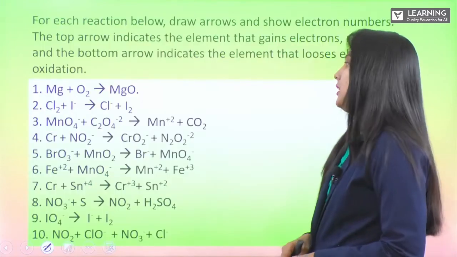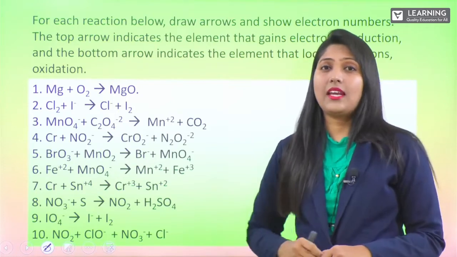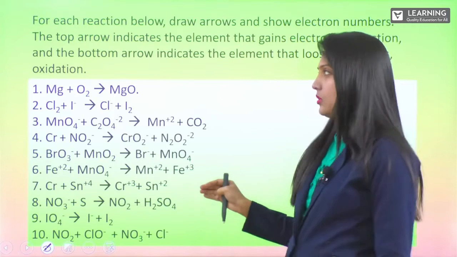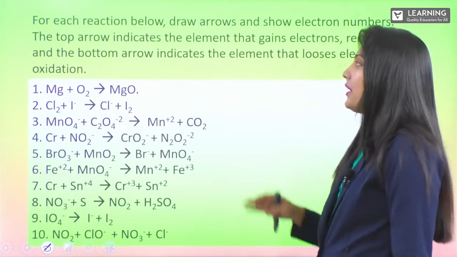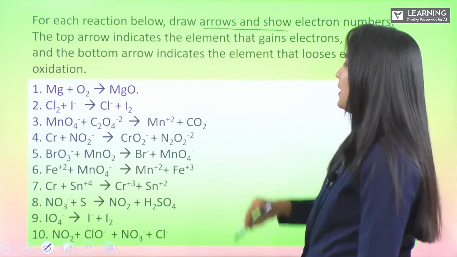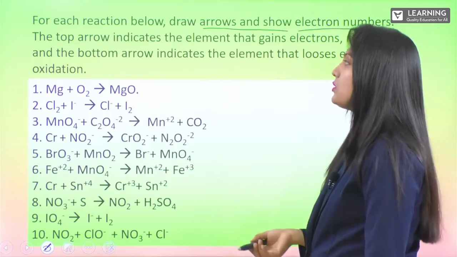Okay. Next, I have given you this as a second homework, or you have to do this. What does the question say here? Where we have each reaction given, we need to draw the arrow marks to show the electron numbers. How to show that?